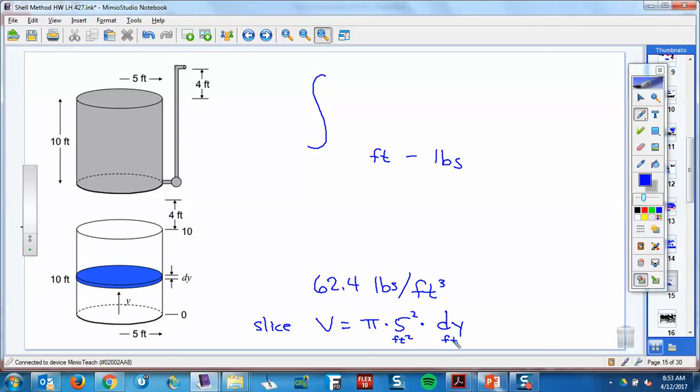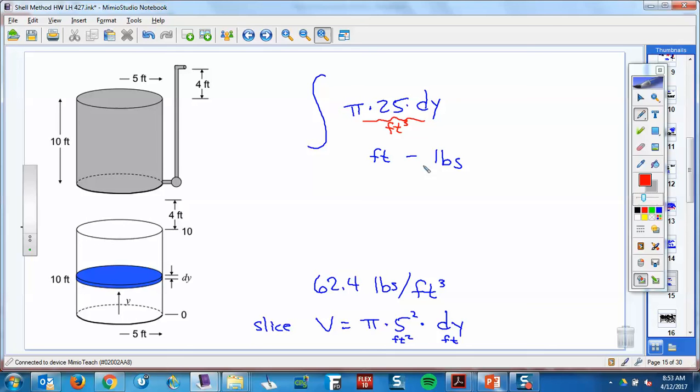So that's going to be one slab of water. But again, it'll get narrower and narrower and narrower. So there's our cubic feet right there. So far we've got cubic feet. So if I put in here pi times 25, and then the dy, well, let's not put the dy all the way over there yet, because I want to make sure this all comes out. This all here is going to be feet cubed.